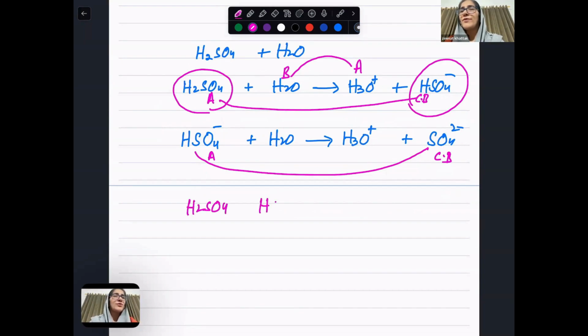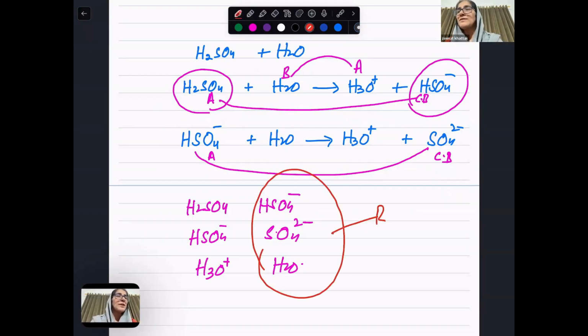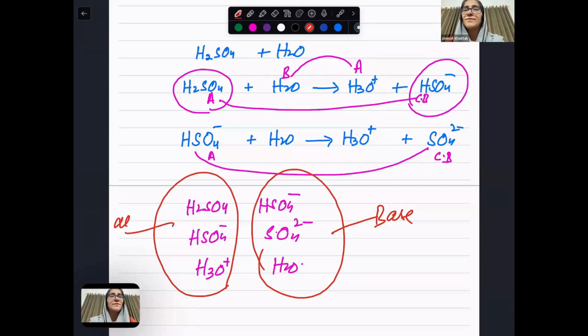HSO4 negative with SO4 di-negative, H3O plus and H2O. These are bases, 1 H plus less. These are acids. Conjugate acid-base pairs differ by 1 H plus from each other, right?